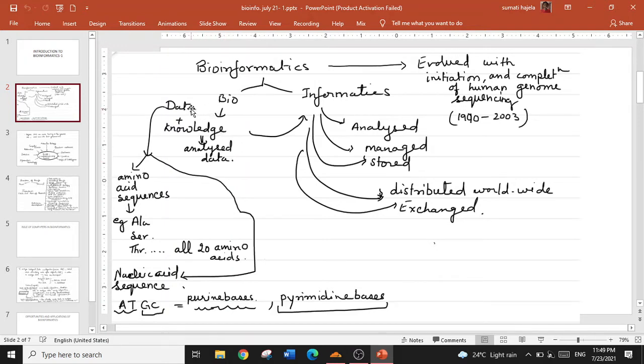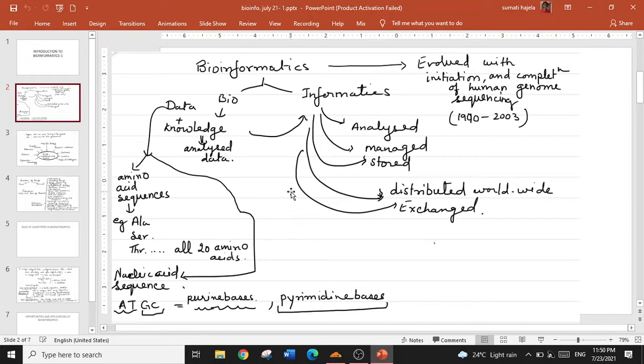This should be raw data if only various amino acids or various nucleotides are written one after another on a paper, then that is raw data, data without any meaning, and after analysis, the analyzed data is again written on paper.